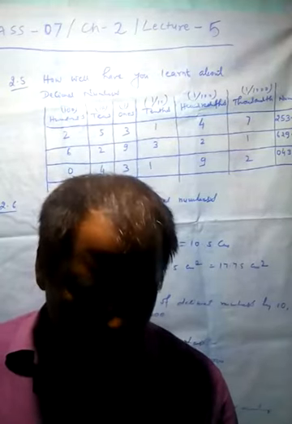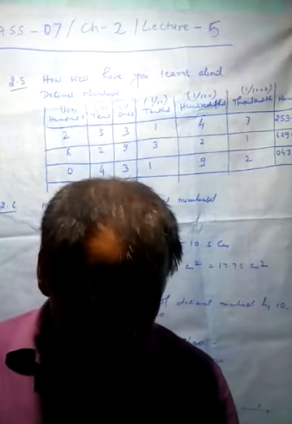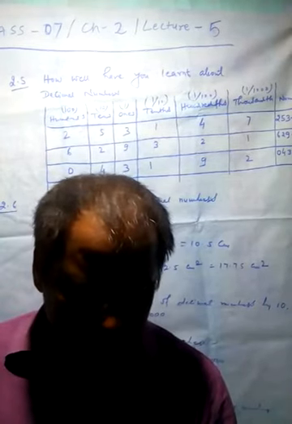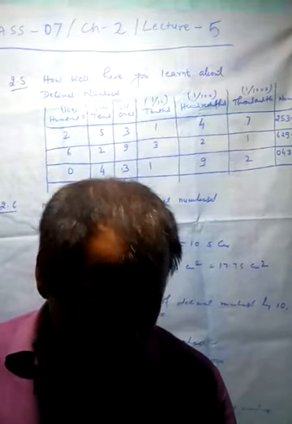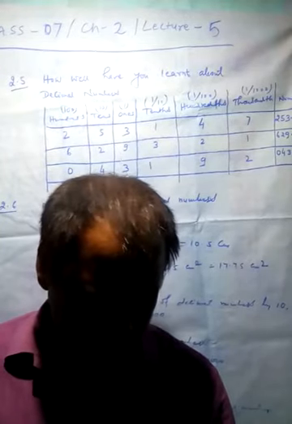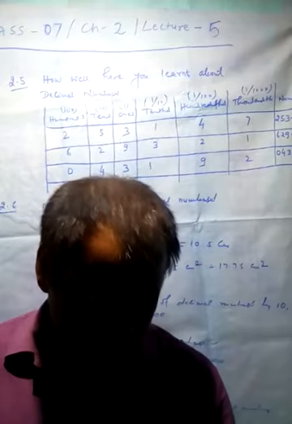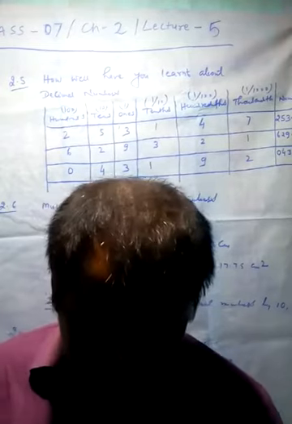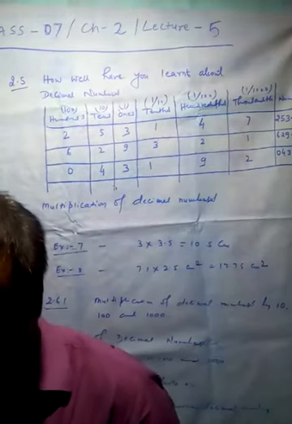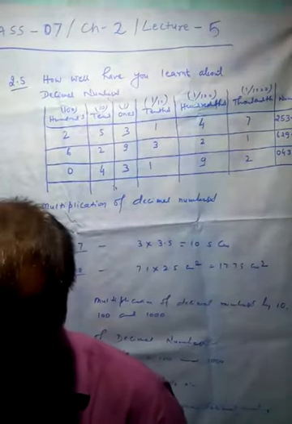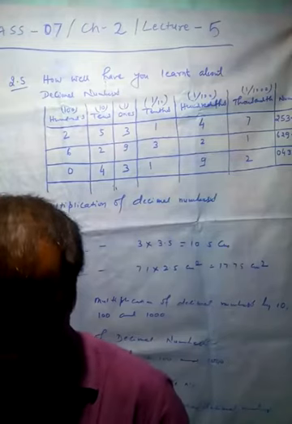See the figure 2.13. The fraction 1 by 10 represents one part out of 10 equal parts. The shaded part in this picture represents 1 by 10. We know that 1 by 10 into 1 by 10 means 1 by 10 of 1 by 10.